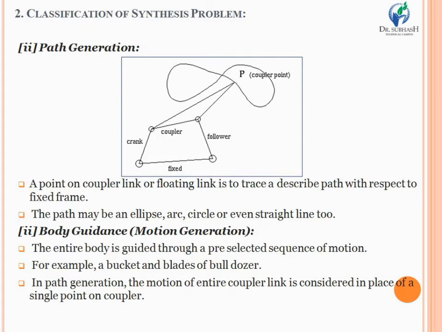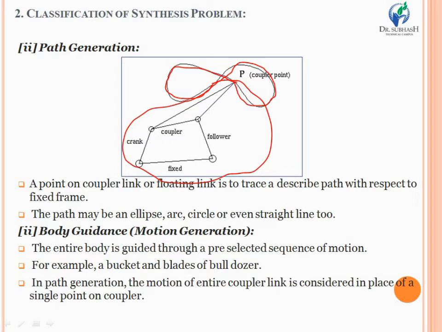That means there is a common point, as you can see in the diagram, and if you rotate this entire mechanism in either direction, this common point will move and trace some specific path.